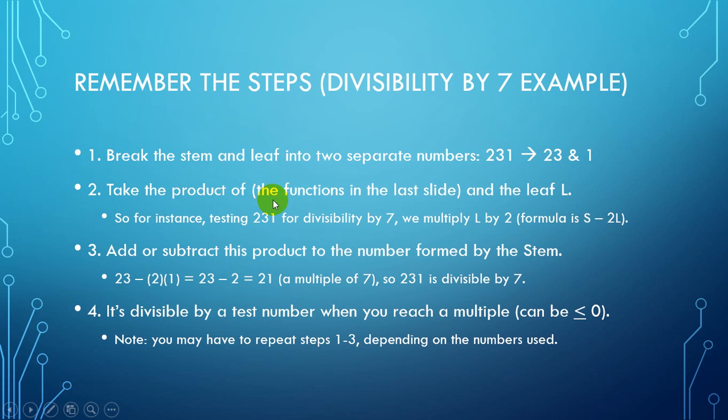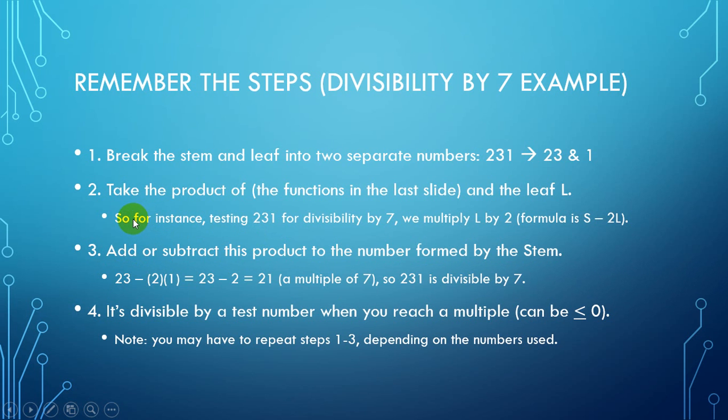You take the product, and it depends on the function. Next slide. I reversed these at the last second here. And the leaf, L. So you break the leaf off, and then you multiply it by something. And then you are going to add or subtract that number from your stem.